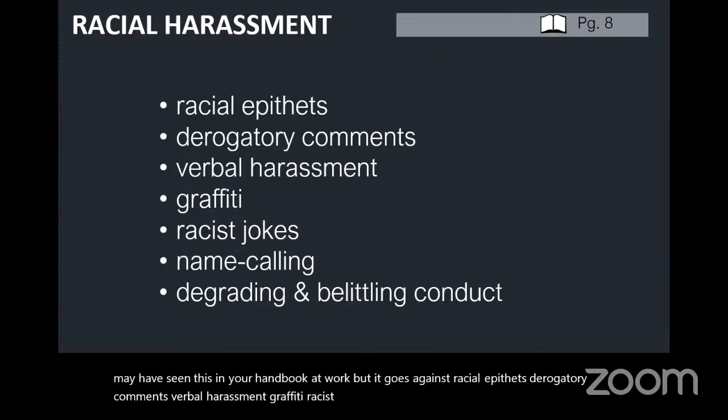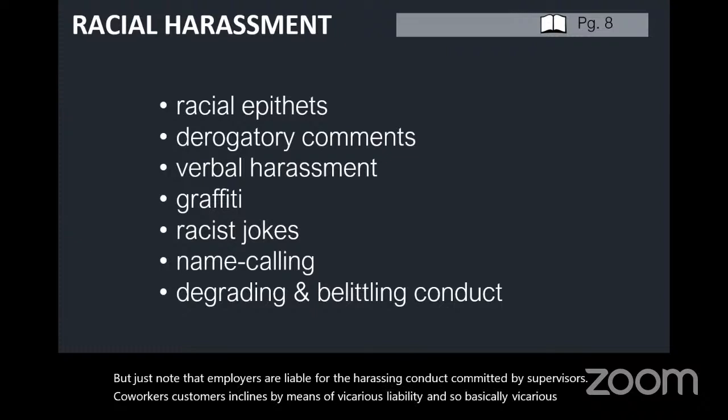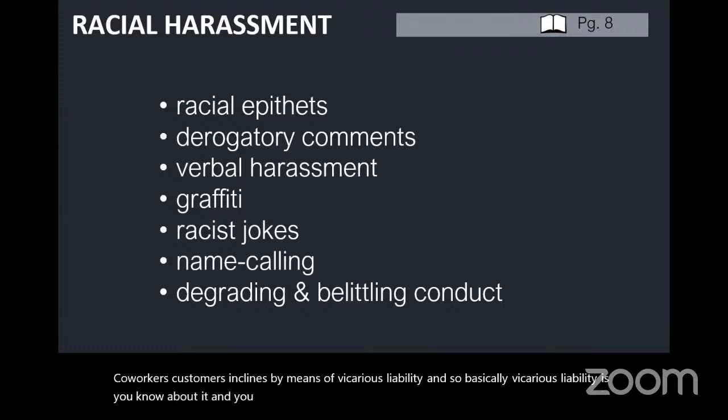And this is not an exhaustive list, but just note that employers are liable for the harassing conduct committed by supervisors, co-workers, customers, and clients by means of vicarious liability. And so basically vicarious liability is you knew about it and you didn't prevent it. You did not take any prevention approach to mitigating racial harassment in the workplace, right?